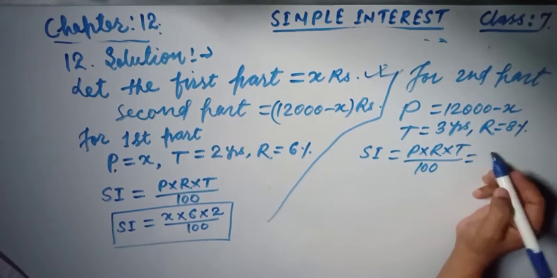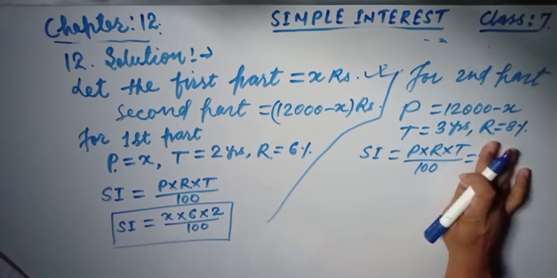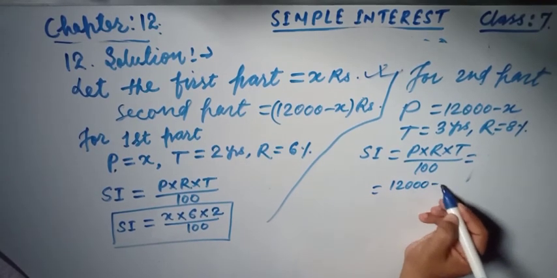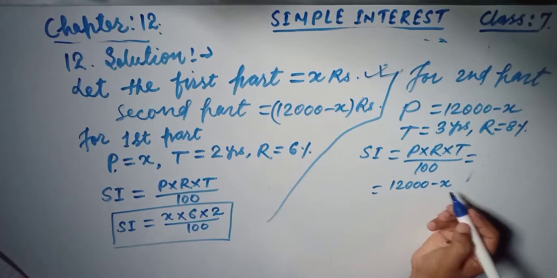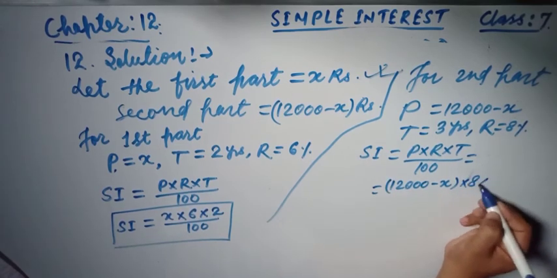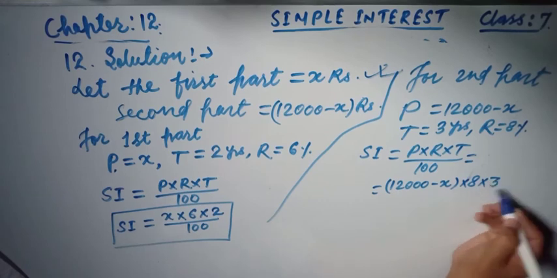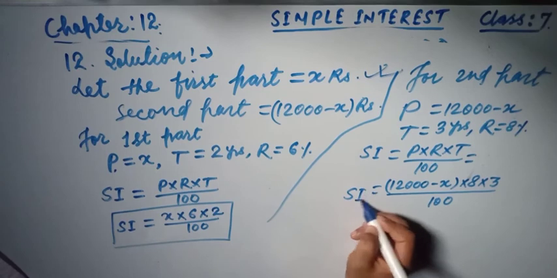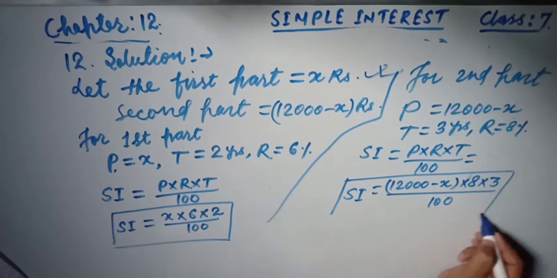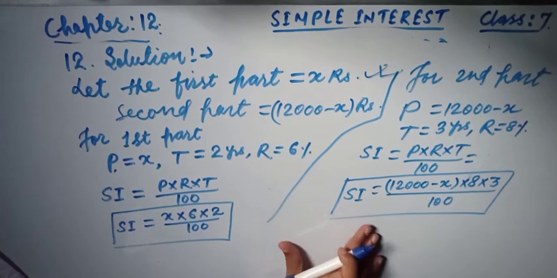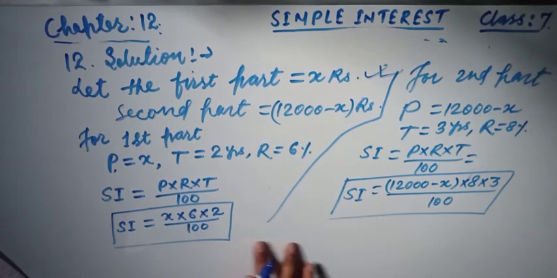P is 12,000 minus X, multiplied by R which is 8 and then multiplied by T which is 3, divided by 100. This is the second SI. Now friends, the question says that this simple interest and that simple interest are both equal. So now we are going to equate these two.